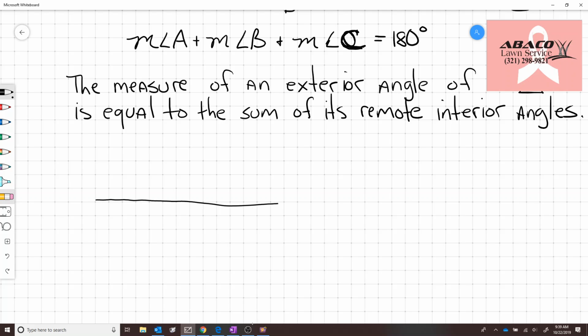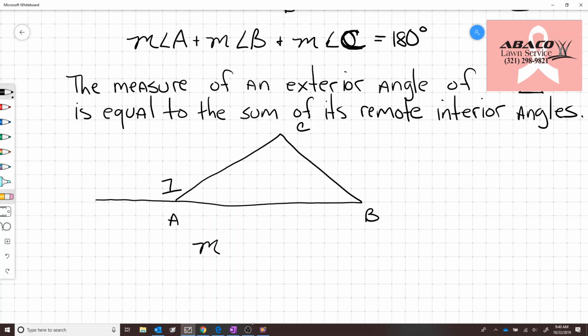Here's what a picture would look like. This exterior angle, I'm going to call it angle 1. It's formed by a side of the triangle and an extension of its adjacent side. Angle 1 is called an exterior angle.